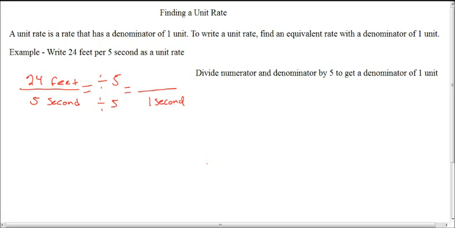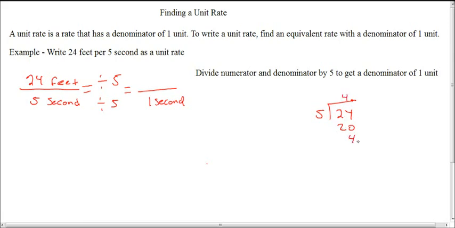And then once we divide, let's do this on the side, we'll take 5 and divide that into 24. Of course we know 5 times 4 will give us 20, so let's put our 4 up here.